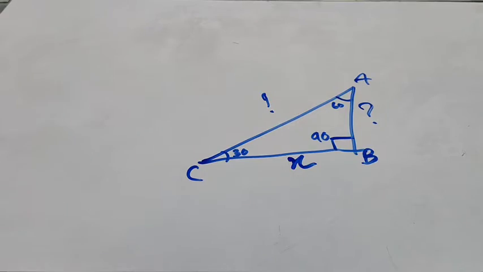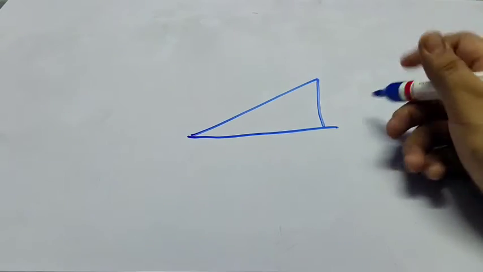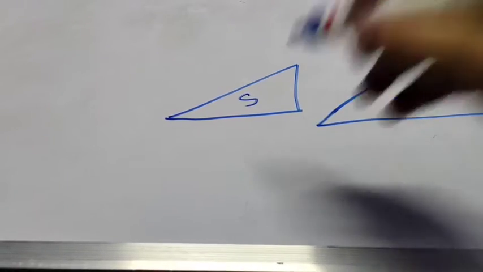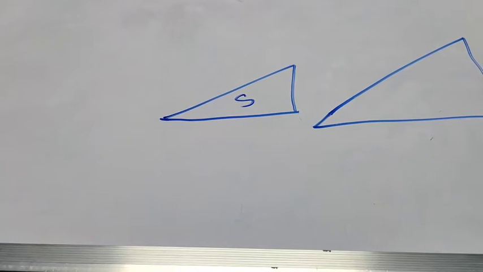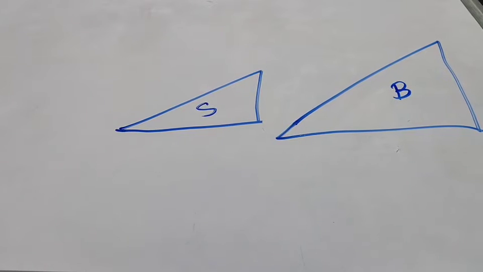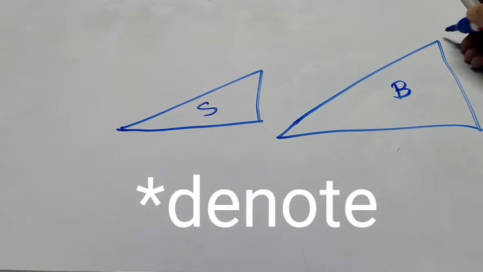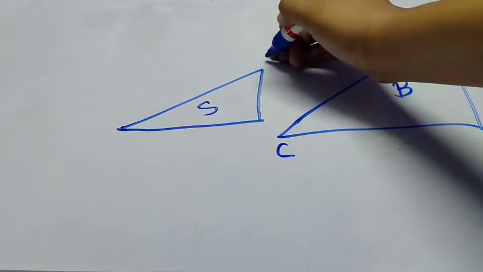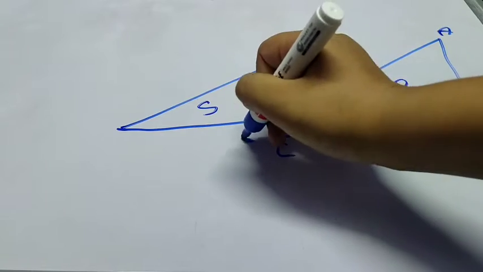Now we'll be seeing this. You see a 30, 60 and 90-degree triangle. It goes somewhat like this, and you can see that the ratios of all the sides are the same. Let us assume that this is a small triangle, and this one right here is a big triangle. This is ABC and this is EFG.